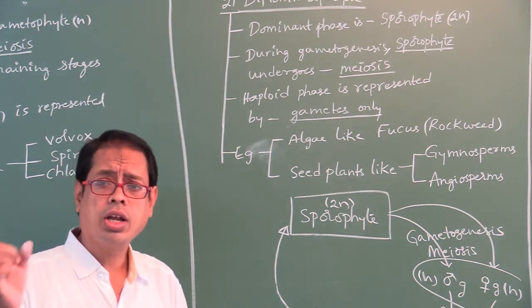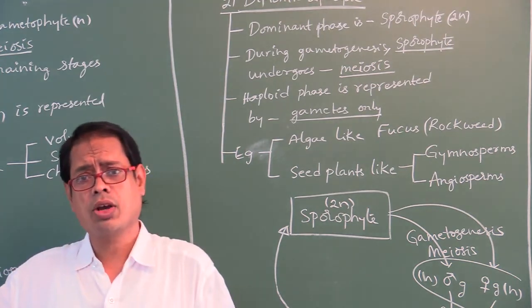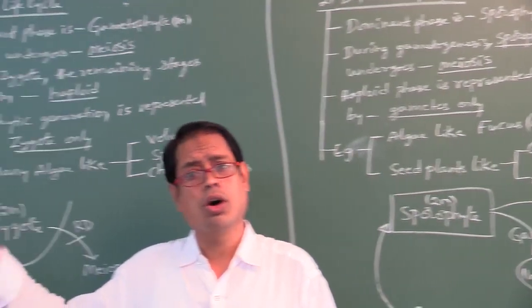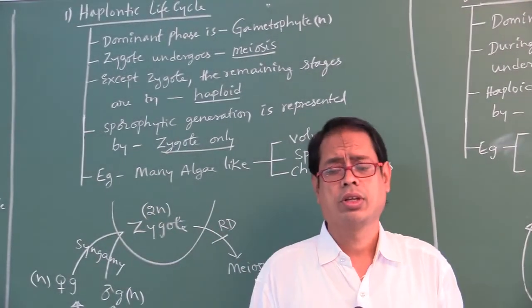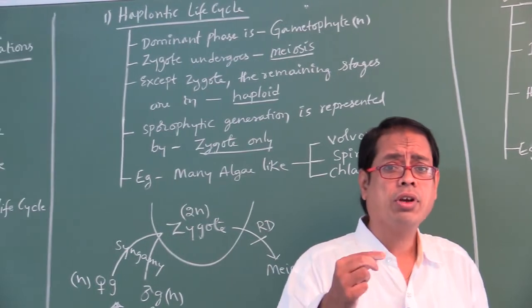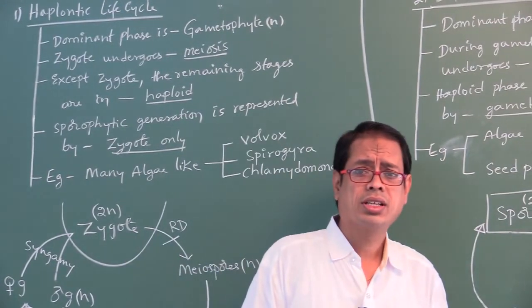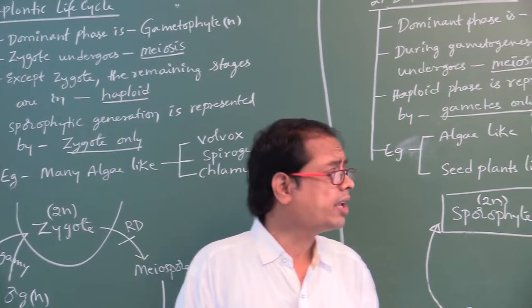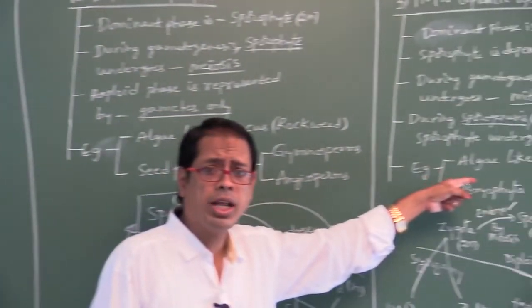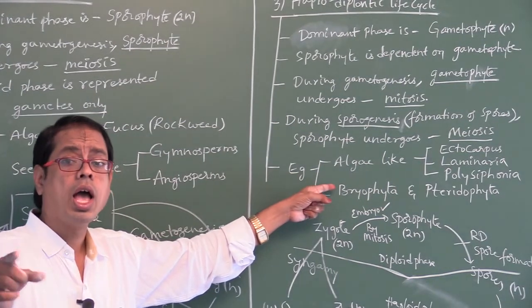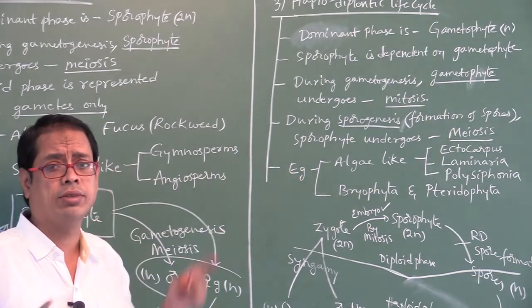Spirogyra, Volvox, Chlamydomonas show haplontic life cycle. Fucus shows diplontic life cycle. Ectocarpus, Laminaria, Polysiphonia show haplodiplontic life cycle.